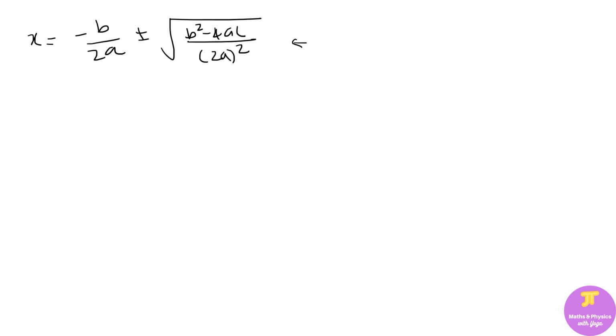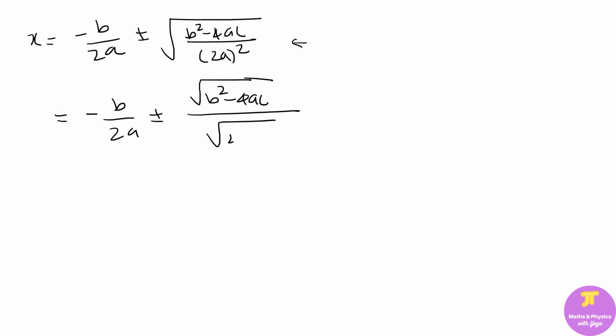So let's simplify this one. The minus b over 2a will stay as it is because we can't do much about it. But if you look at this one, the square root, we can split this into the square root of b squared minus 4ac and the square root of (2a) squared.